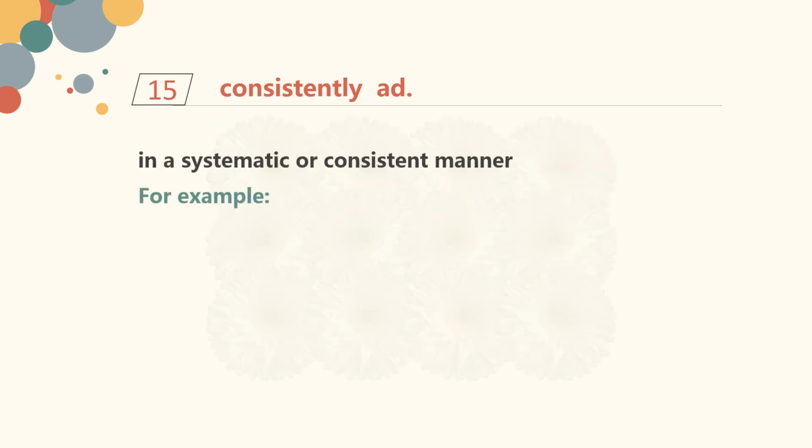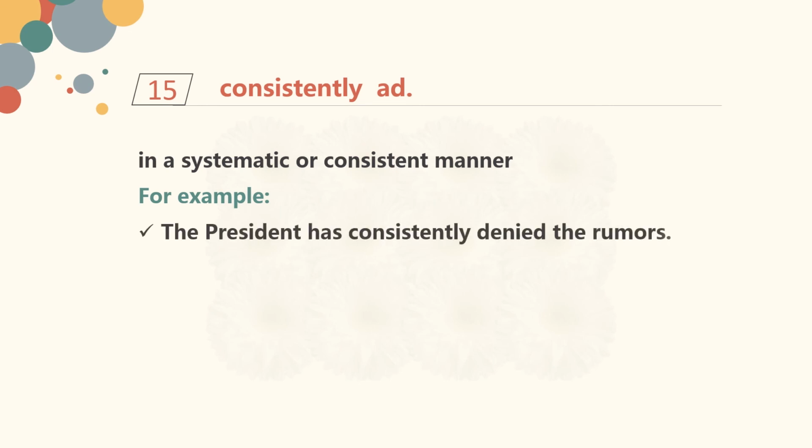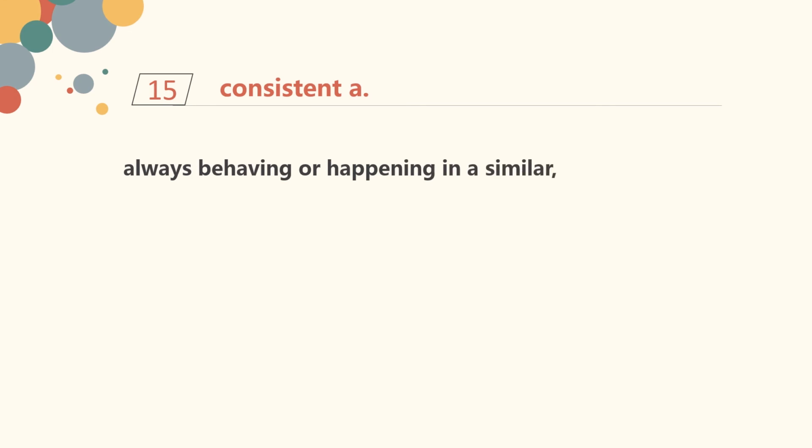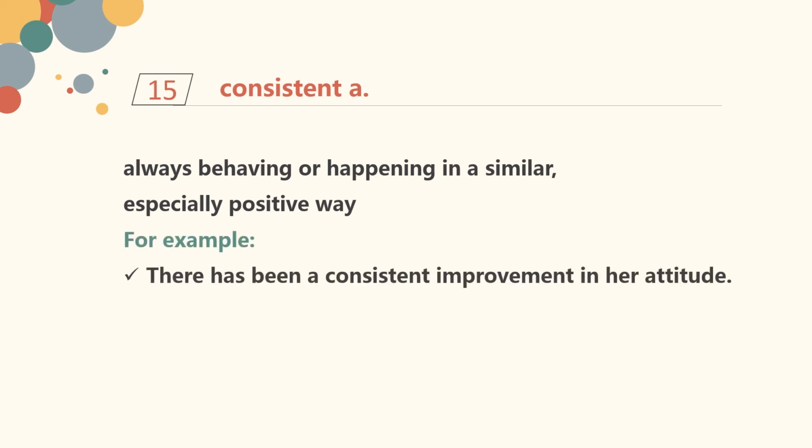For example, the president has consistently denied the rumors. Consistent, always behaving or happening in a similar, especially positive way. For example, there has been a consistent improvement in her attitude.